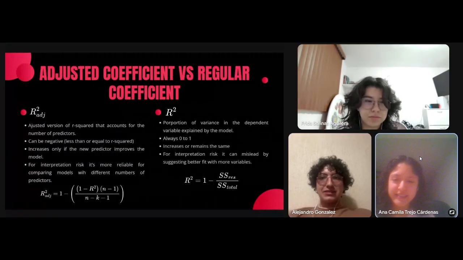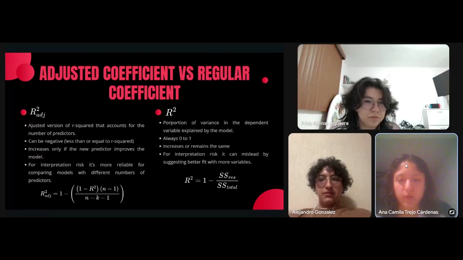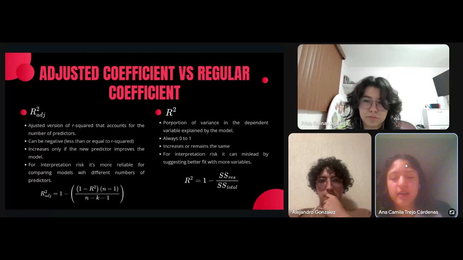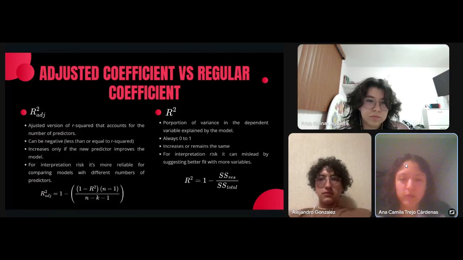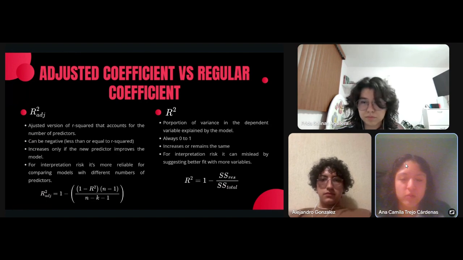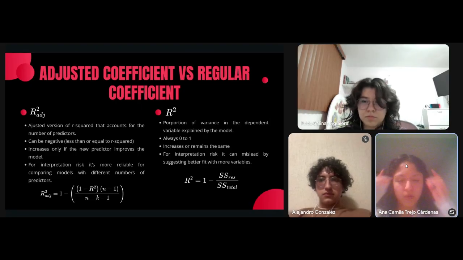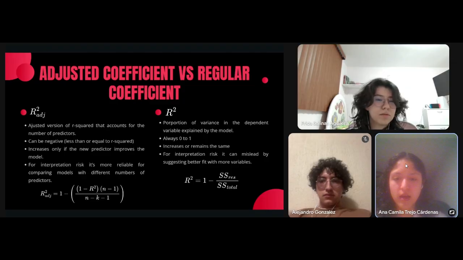In statistics, we often use the R-squared to measure how well a regression model fits the data. It tells us the percentage of variability in the dependent variable. However, the R-squared can be misleading in multiple regression. That's because it always increases when we add more predictors, even if those predictors are not actually helpful.